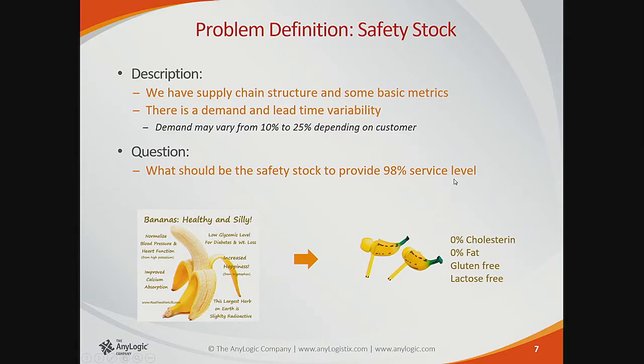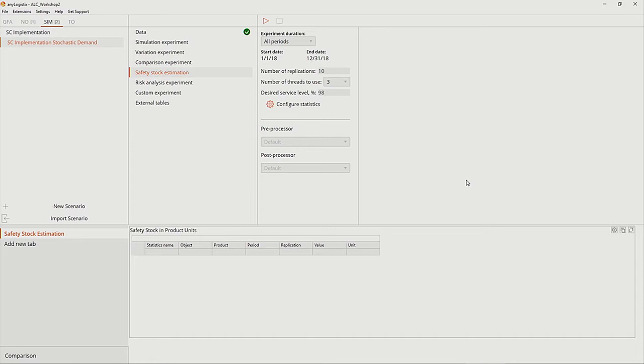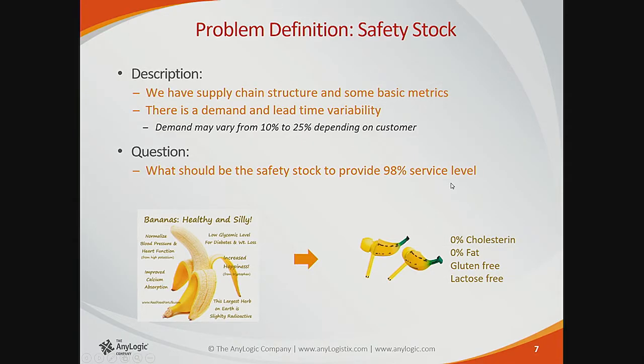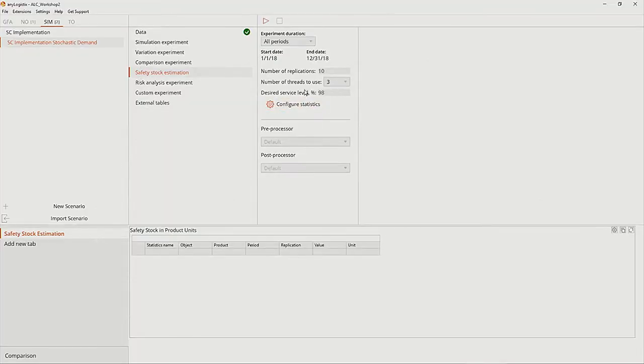So let's continue with estimating safety stock. In the safety stock estimation experiment, we have just some parameters. Sorry, we didn't show the slide with ideas, sorry. Next one. Well, sorry, guys.